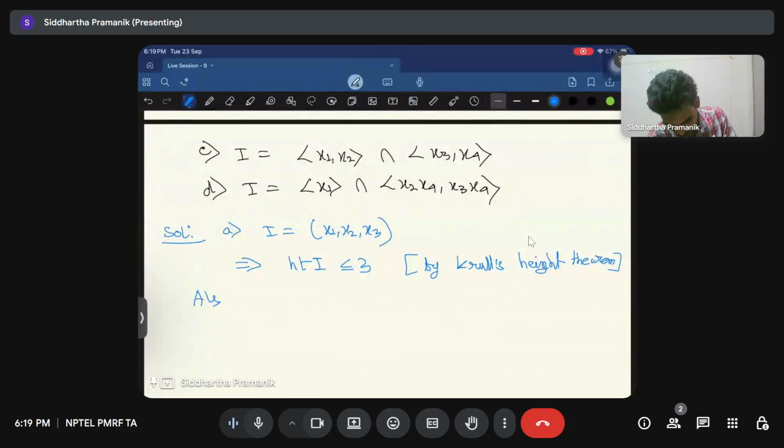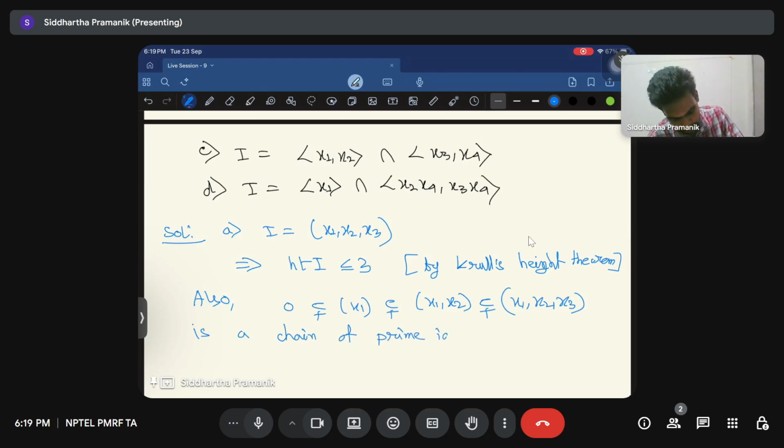Now also note that if you take 0 properly contained in x1, properly contained in x1, x2, properly contained in x1, x2, x3, then this is a chain of prime ideals of length 3.